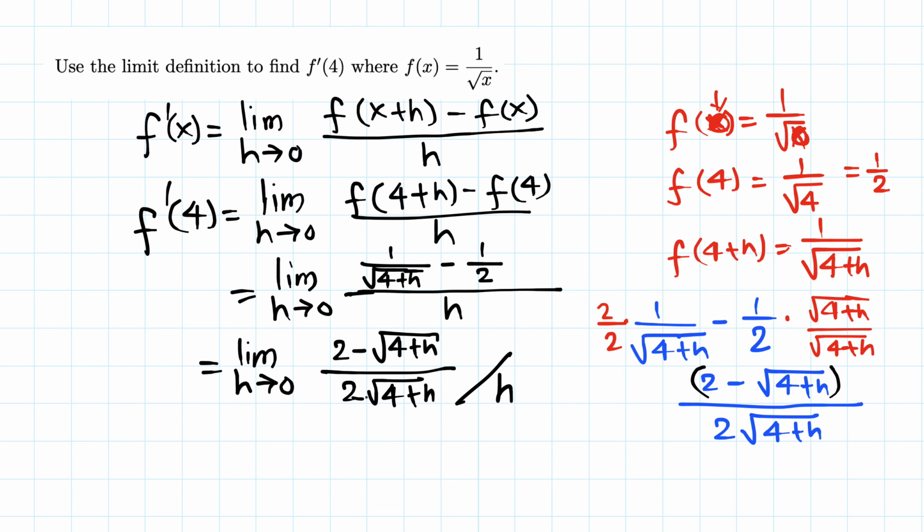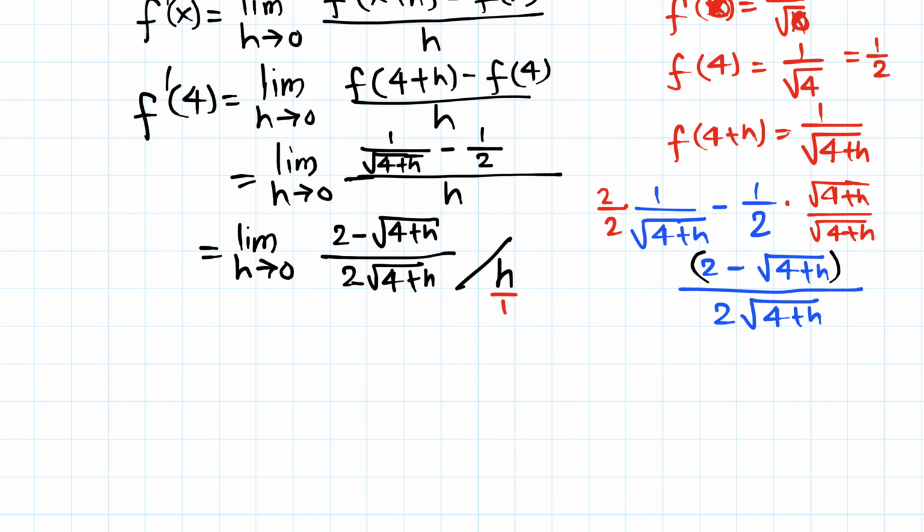There are no cancellations. Now this fraction divided by h is like h over 1. So we need to simplify this complex fraction, a fraction divided by another fraction. So we change this division into multiplication and we flip. Okay, so let's do that.